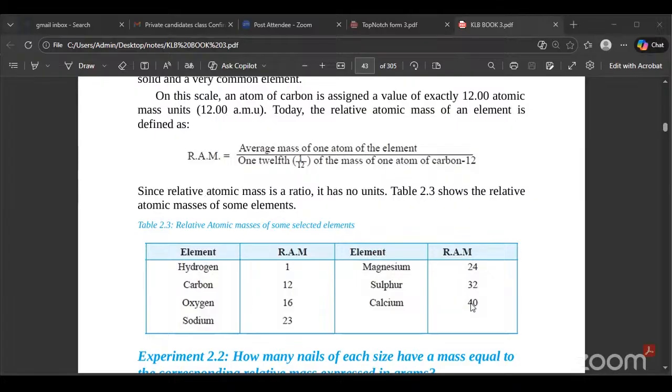Protons are positive and electrons are negative, so for the atom to be neutral, the positive and the negative should be equal so that they cancel out. So I'm saying RAM is the mass number, which is protons and neutrons.